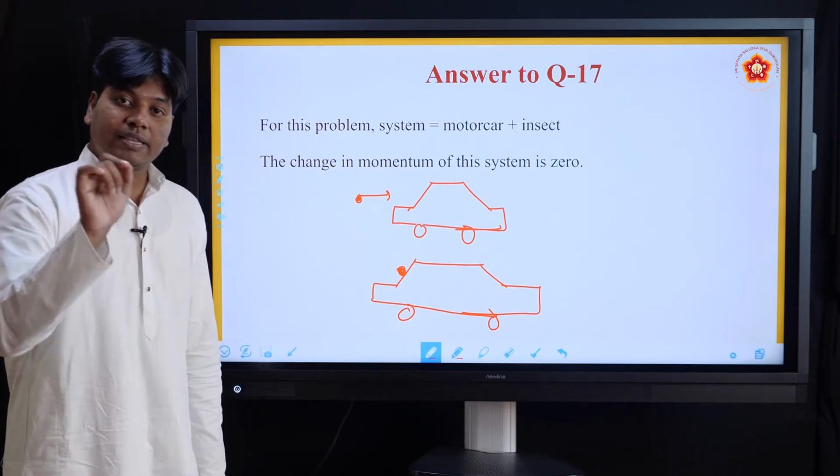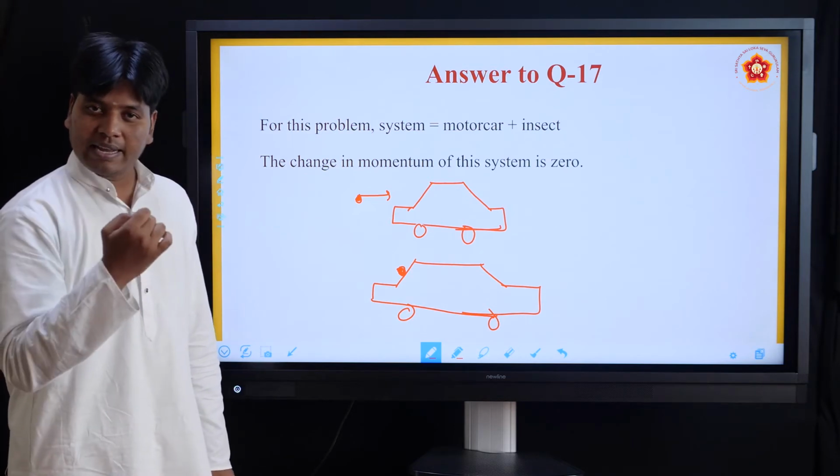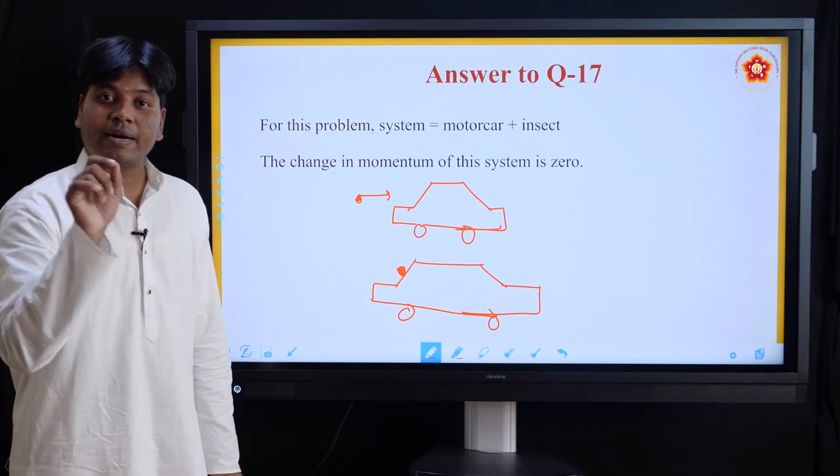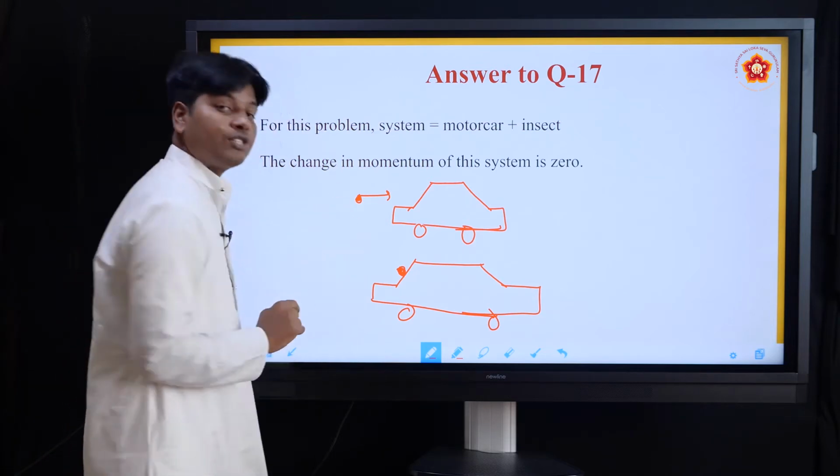The velocity lost by the car is negligible for the car, but it is huge for the insect because the mass of the insect is very small.